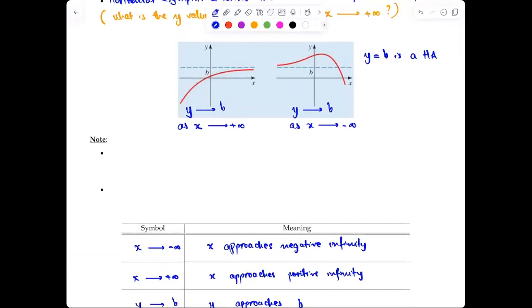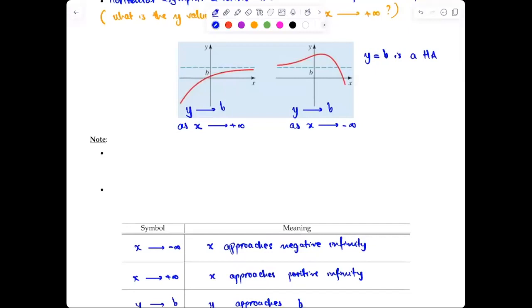Okay. So there are two notes that I want to give you. When you look at the graph of a rational function, or any function for that matter, and you want to analyze the vertical asymptote and the horizontal asymptote, you can see the behavior of the graph will be a little bit different. When you look at the horizontal asymptote, the curve can actually cross the horizontal asymptote.